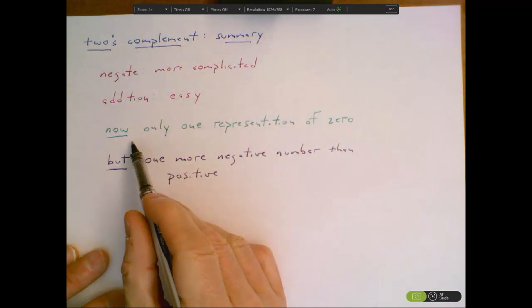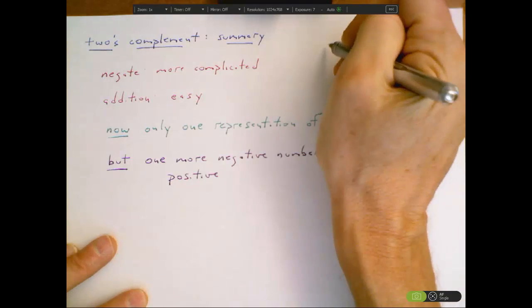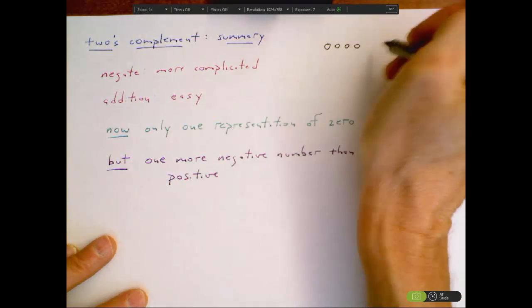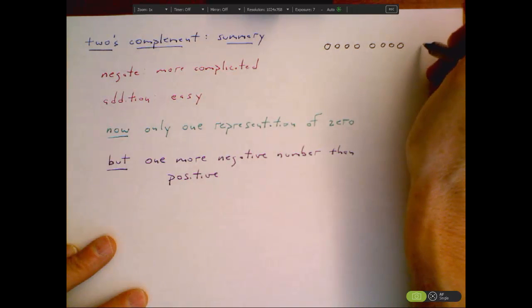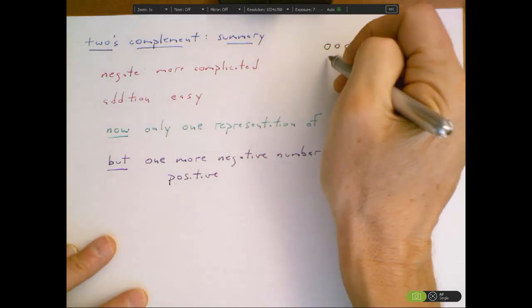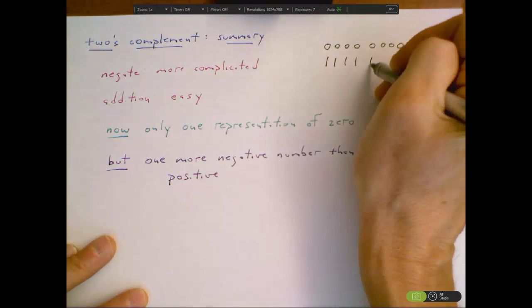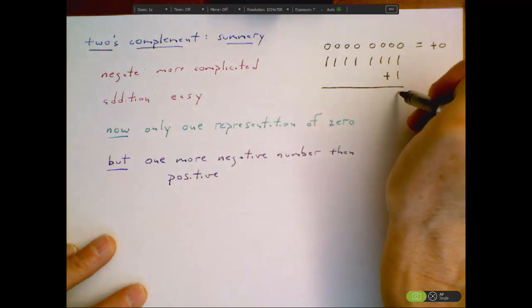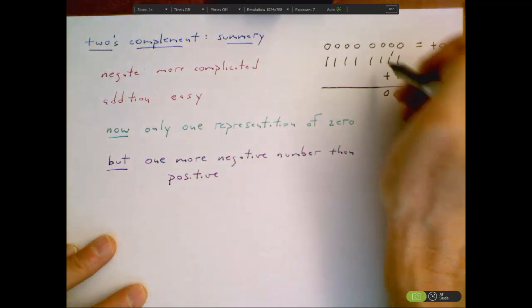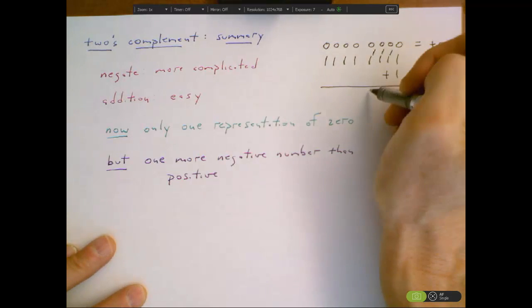Another interesting side product is we only have one representation of 0. Let's look at 0 and negate it. Right, that's equal to plus 0, but when I try to make negative 0, I flip the bits and I always add 1. And what happens? Well, I get a ripple all the way across.